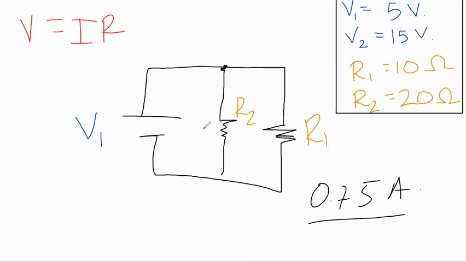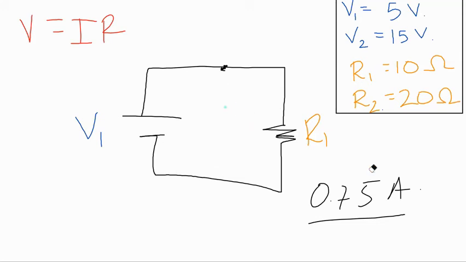Now let's suppose that you have multiple batteries in this case. Let's ignore the second resistor actually. All right, so now let's suppose that we're getting rid of the second resistor and we're looking at it so that we have two batteries.